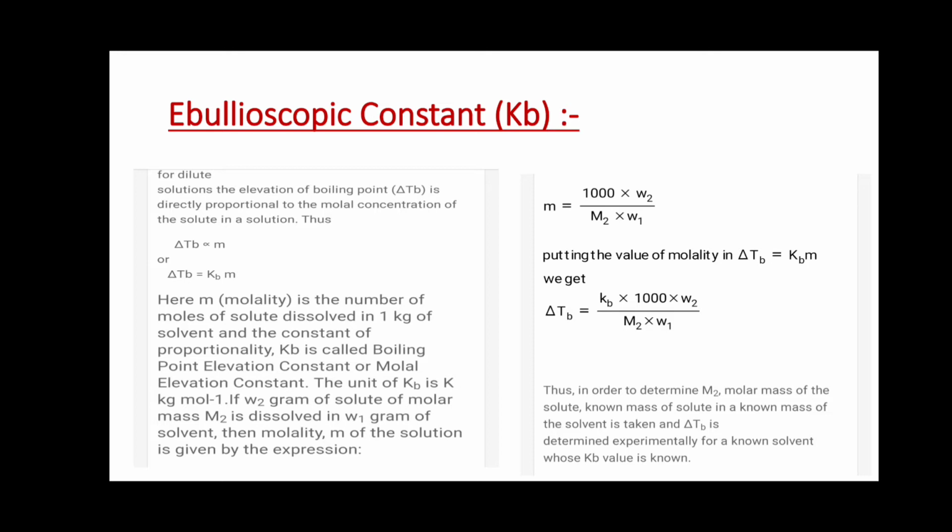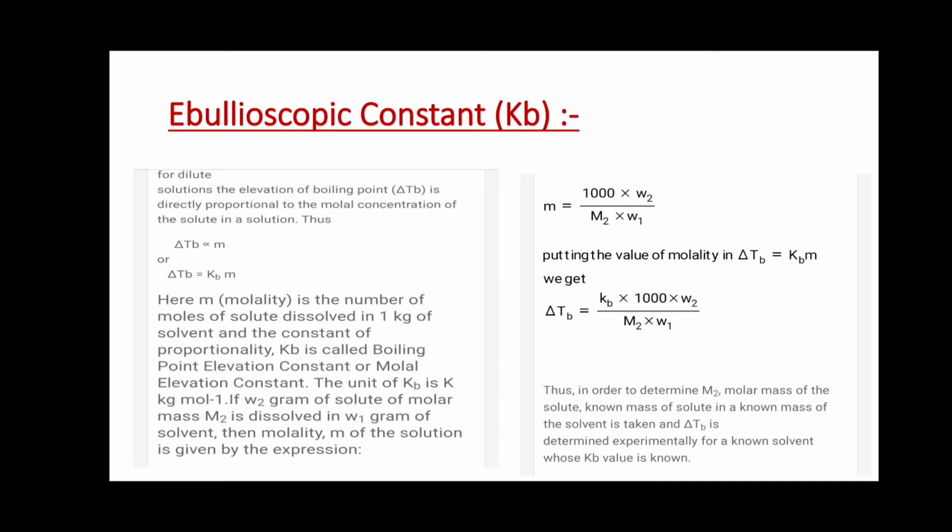So delta TB is equal to Kb into m. Here Kb is the molal elevation constant, also called the ebullioscopic constant. By this equation, we can easily identify how much non-volatile solute we have added to the solution. m is equal to 1000 into W2 by M2 by W1.